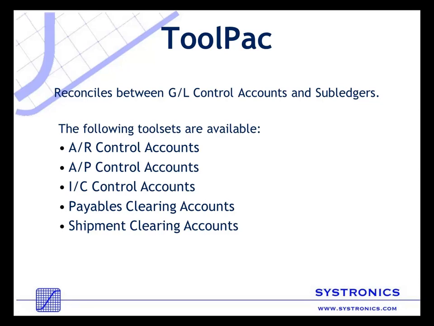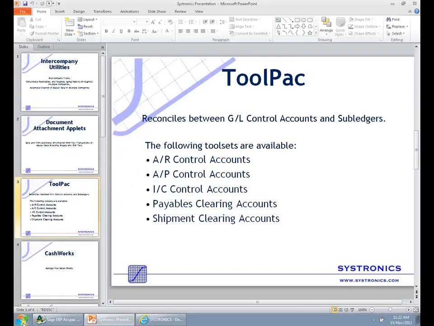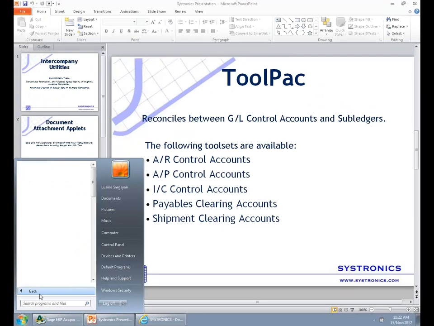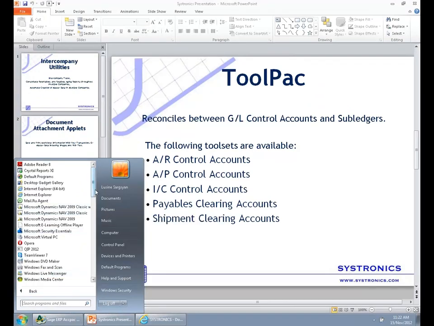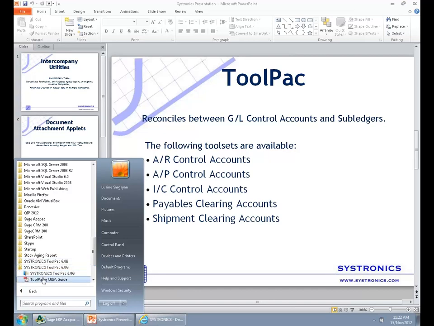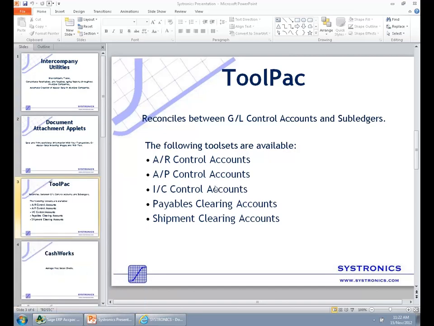ToolPac is an external application, and it is launched from Start, Programs, SYSTRONICS ToolPac. Of course, you can add a shortcut of this to your desktop and launch it directly from your desktop.